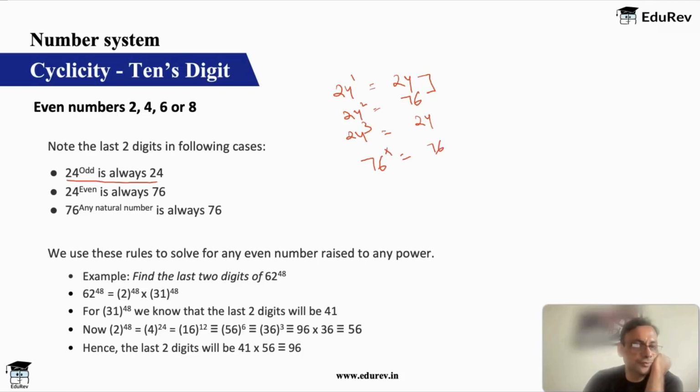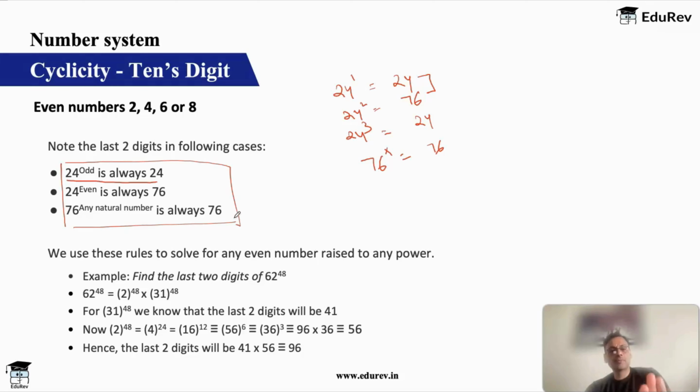Okay, this is useful because a lot of times you will get 24 or 76 in the end, and if we remember this, we can always write the answer directly rather than going through the longer method, which I'll explain now.